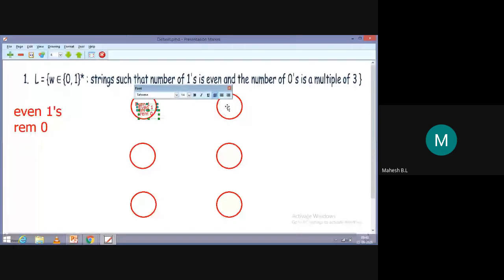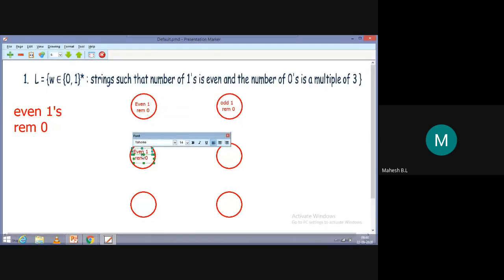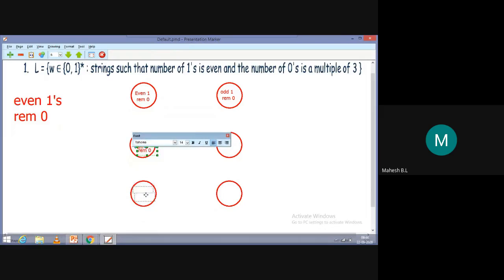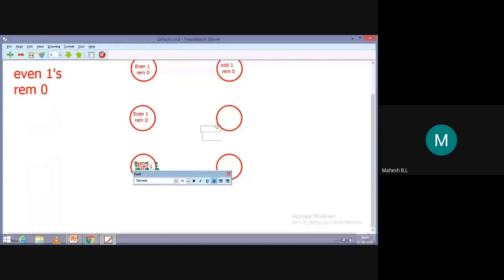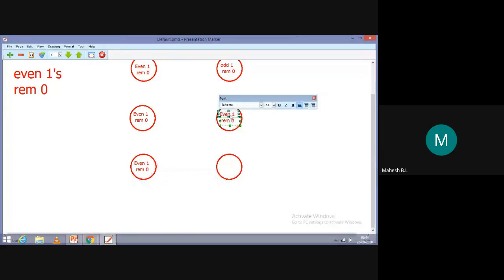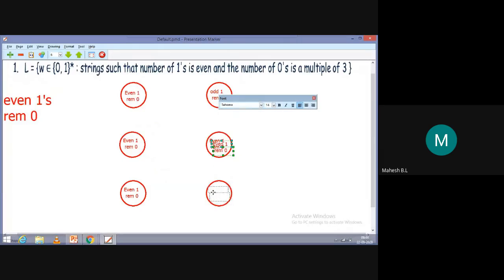Then the next state represents the combination where you have an odd number of ones and the number of zeros is such that the remainder is 0. Next combination, I'll copy this everywhere and modify later.